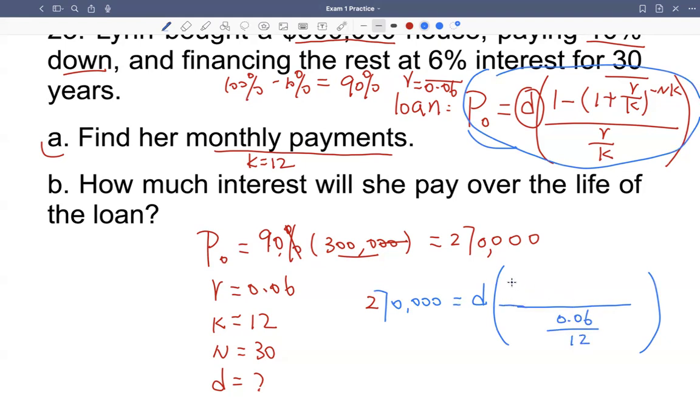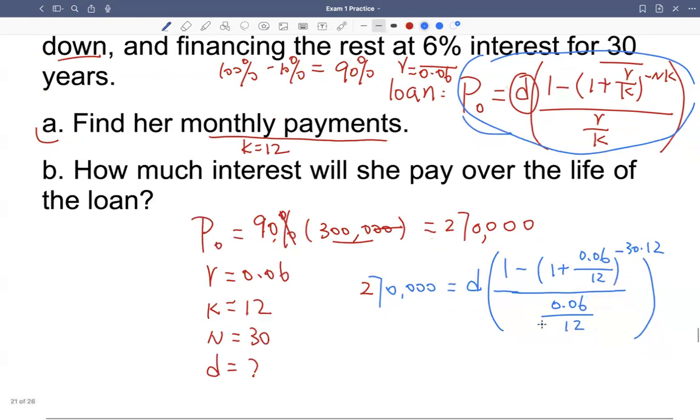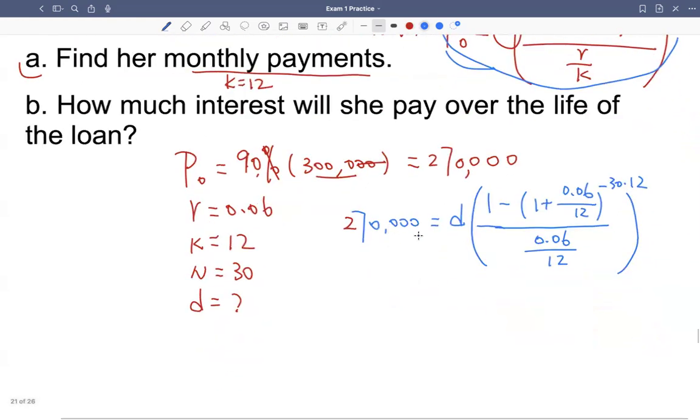And in the numerator, we have 1 minus (1 plus 0.06 divided by 12), then raised to negative N is 30, K is 12. Right, so first we set up. So our goal is to solve for D. So first we need to calculate this. Right. Let's calculate inside the parentheses.